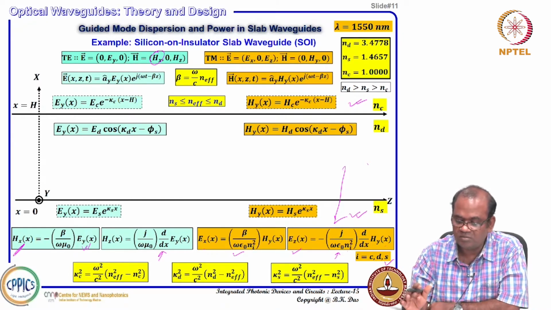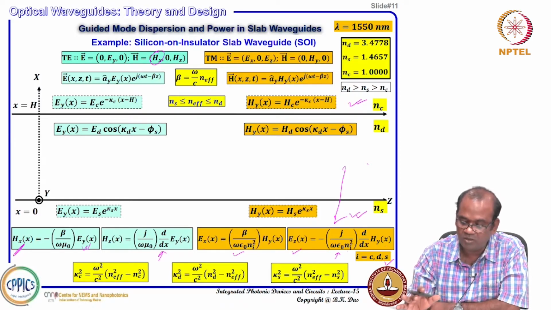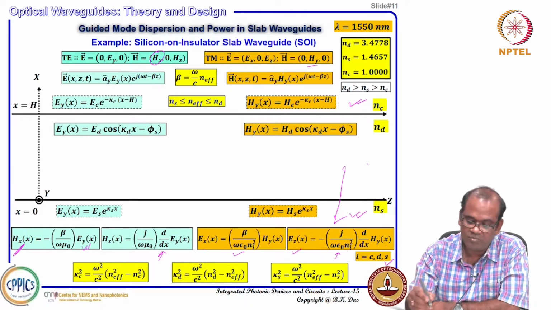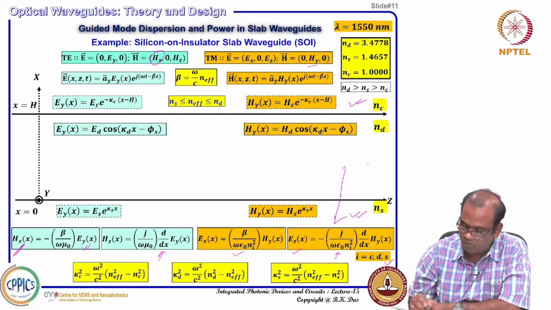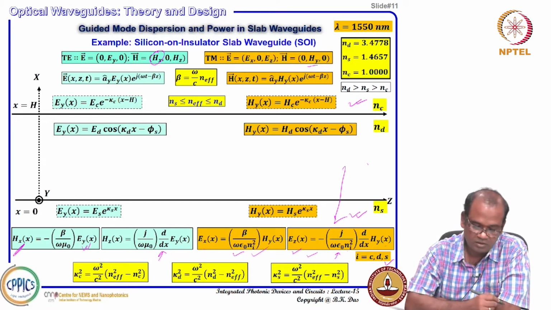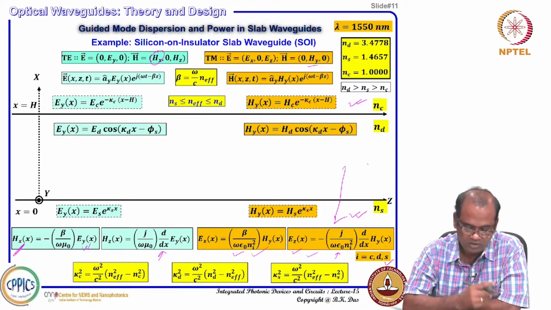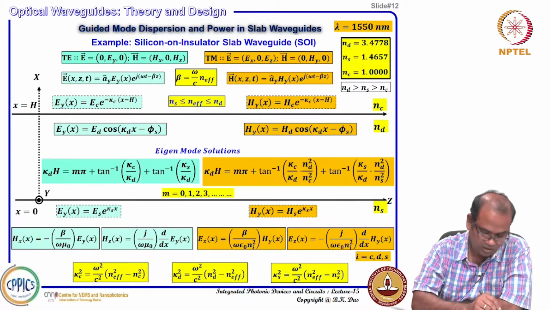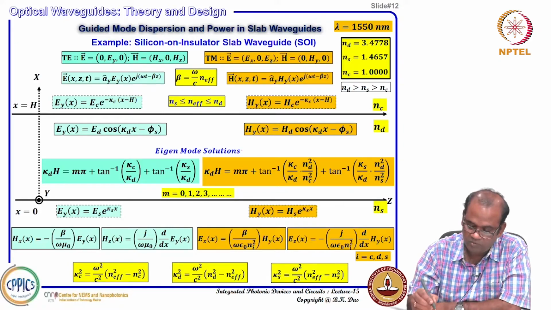Ultimately, after solving one component, the dominant component, Hy for TM polarization and Ey for TE polarization, we can find all other components. The only other thing is that n effective we have solved using the so called eigen equation. I write down the eigenmode solutions again.